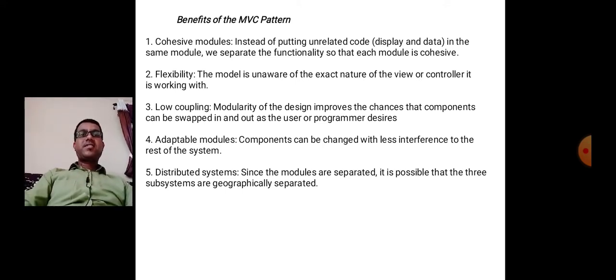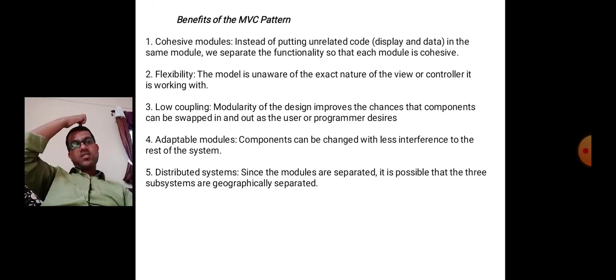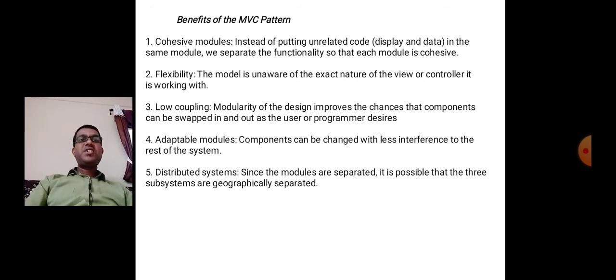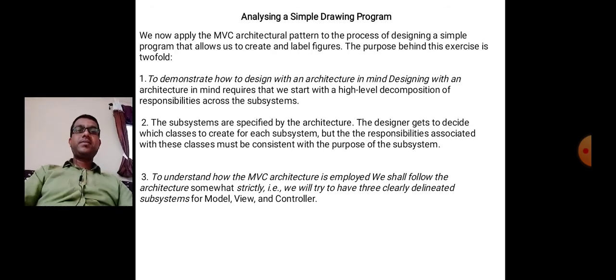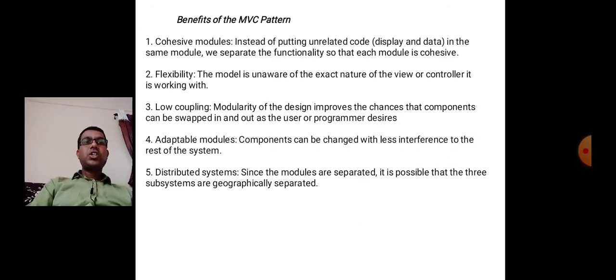First one is cohesive models. Cohesive models means instead of putting unrelated code, that is display and data, in the same module, we separate the functionality so that each module is cohesive.